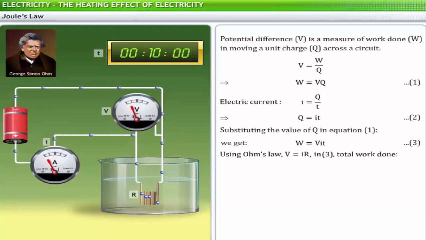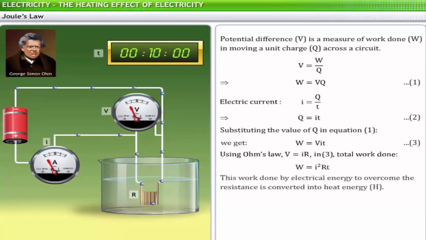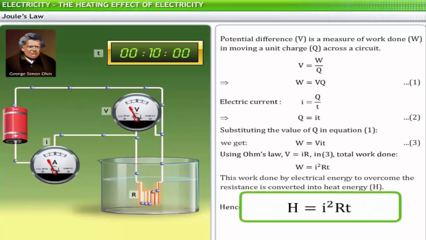The total work done by electric current, W, is equal to I squared Rt. This work done by electric current to overcome the resistance of a conductor is converted into heat energy, which is represented by H. Hence, H is equal to I squared Rt.